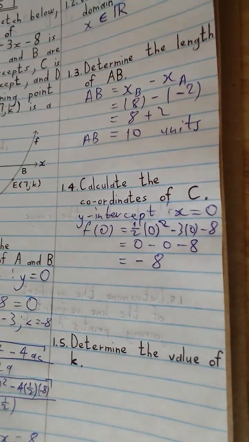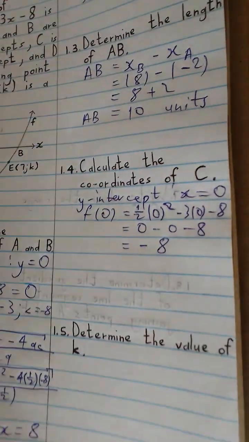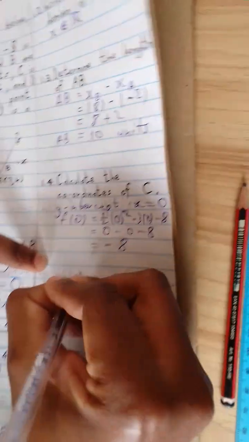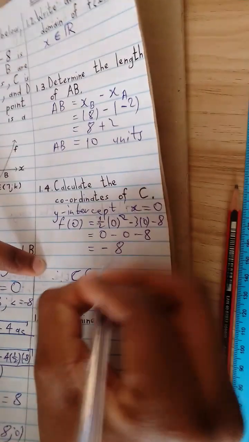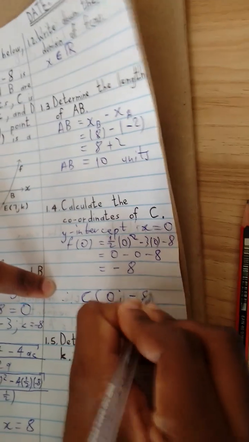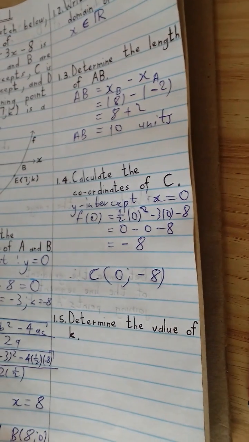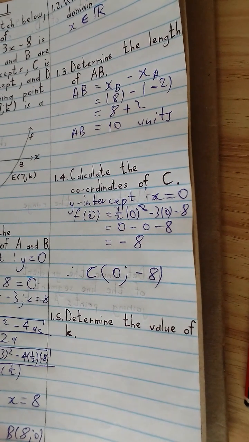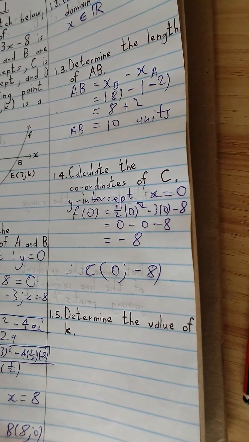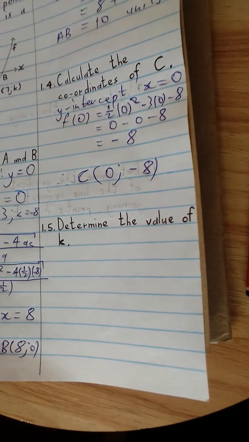It is just negative 8. I hope that makes sense. So C, x is 0 and y is negative 8.